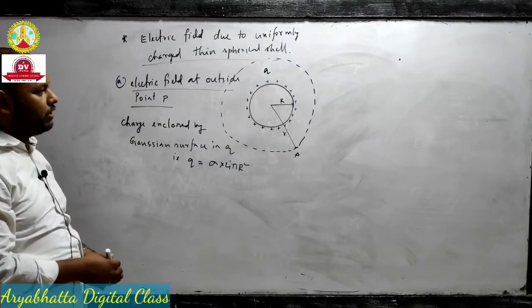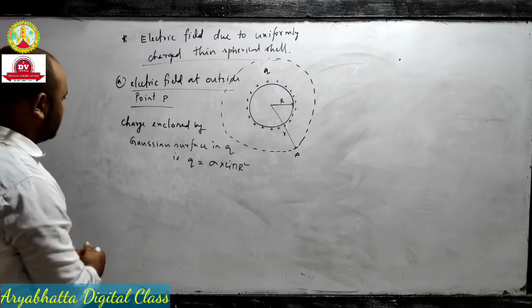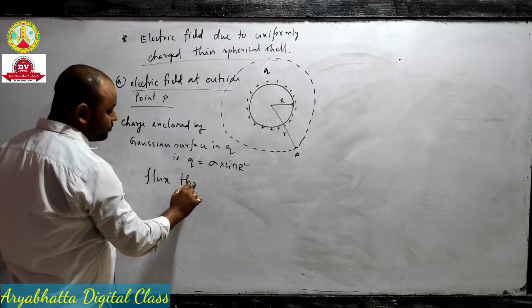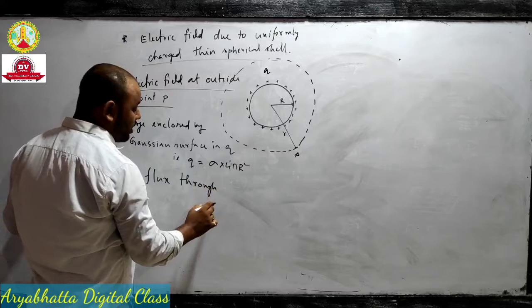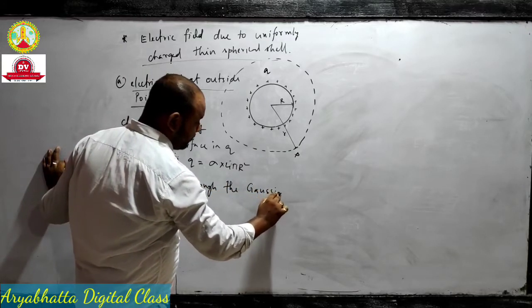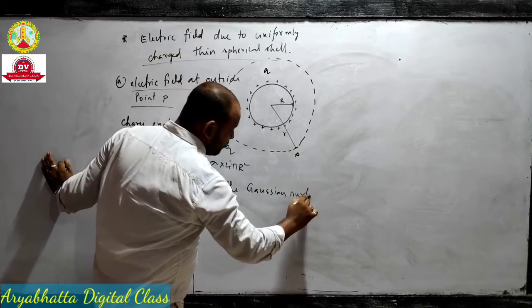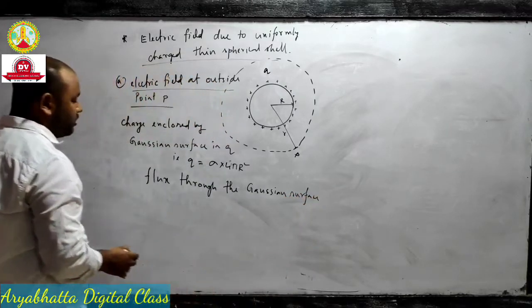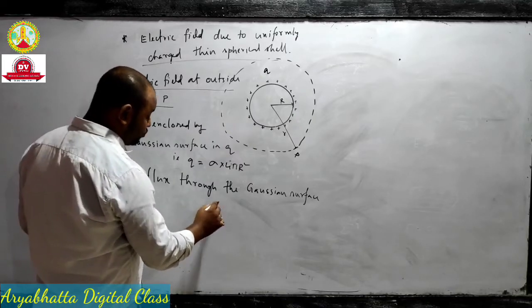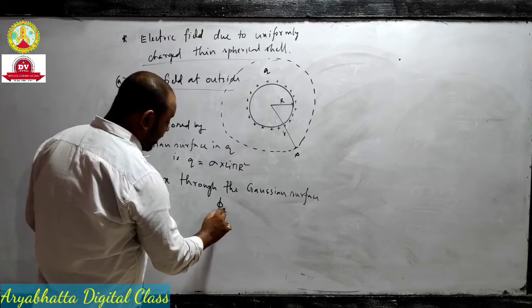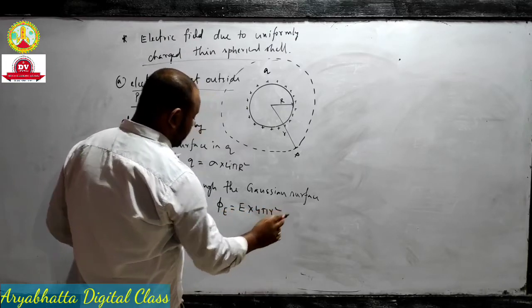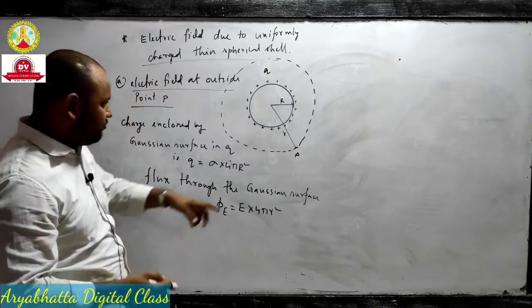And what is the value of flux through the Gaussian surface? The flux through the Gaussian surface, phi E, is equal to E into 4 pi r square. What does flux mean?